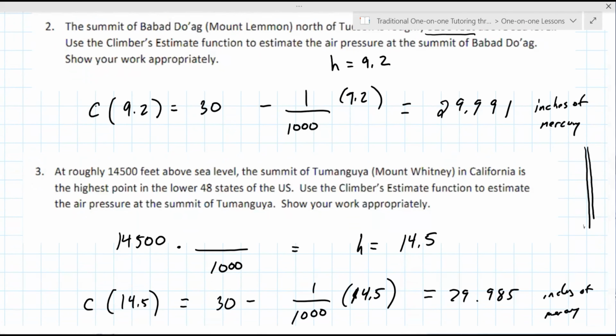I really don't like that. Inches of mercury. All right. So I want to look at the graph again. This is really an odd question. See, I don't think we're doing it right.